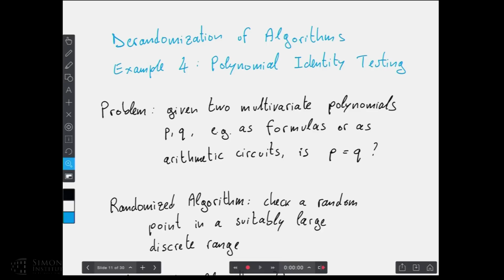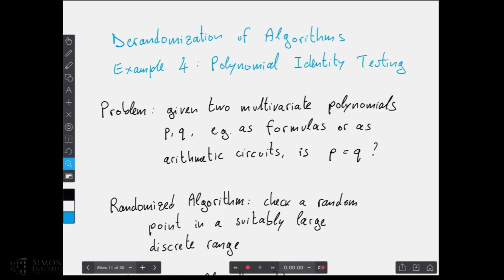Here is a really important problem in our area. Suppose that we are given 2 multivariate polynomials. Given meaning that we have some formula for each of the 2 polynomials, or maybe we have an arithmetic circuit. An arithmetic circuit is like a little program with intermediate variables.